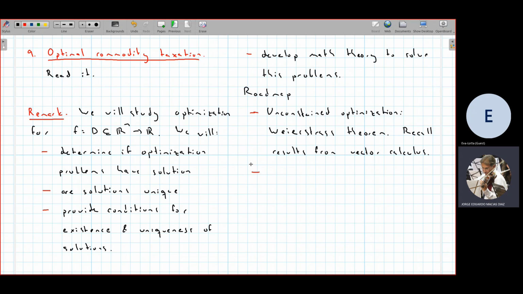And then we are going to consider constrained optimization. First, we're going to consider constraints in the form of identity constraints, equality constraints.